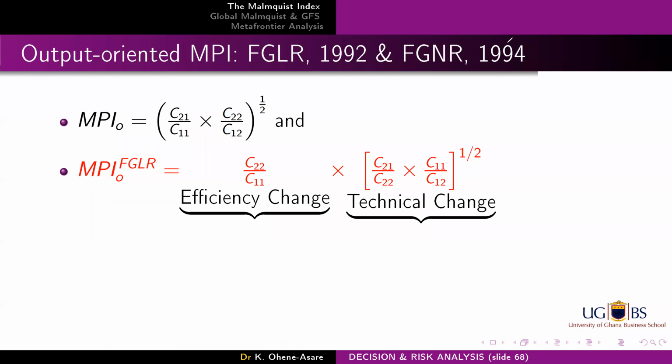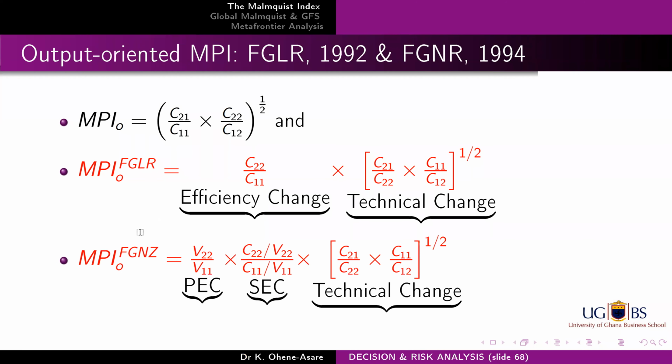Now, this is the 2-factor decomposition. What about the 3-factor? The 3-factor is not called FGLR. No, it is called FGNZ, Fare, Grosskopf, Norris, and Zhang. That was a 1994 paper. All they did is that they mixed this efficiency change part alone.